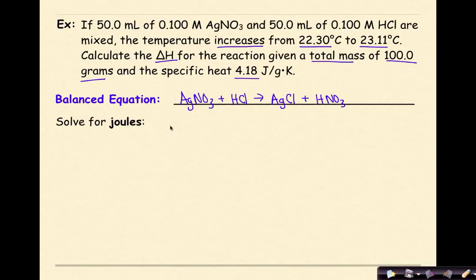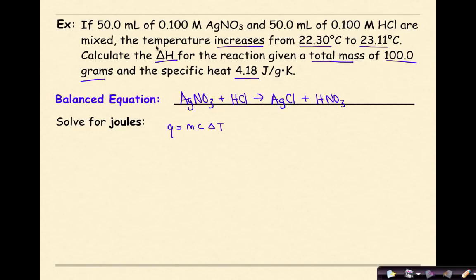So I'm going to use the formula Q equals MC delta T, and I'm going to use the information that they give me. And they tell me that my total mass here is 100 grams because I can look at the assumption that I have 50 milliliters here, I have 50 milliliters here for a total of 100 milliliters.